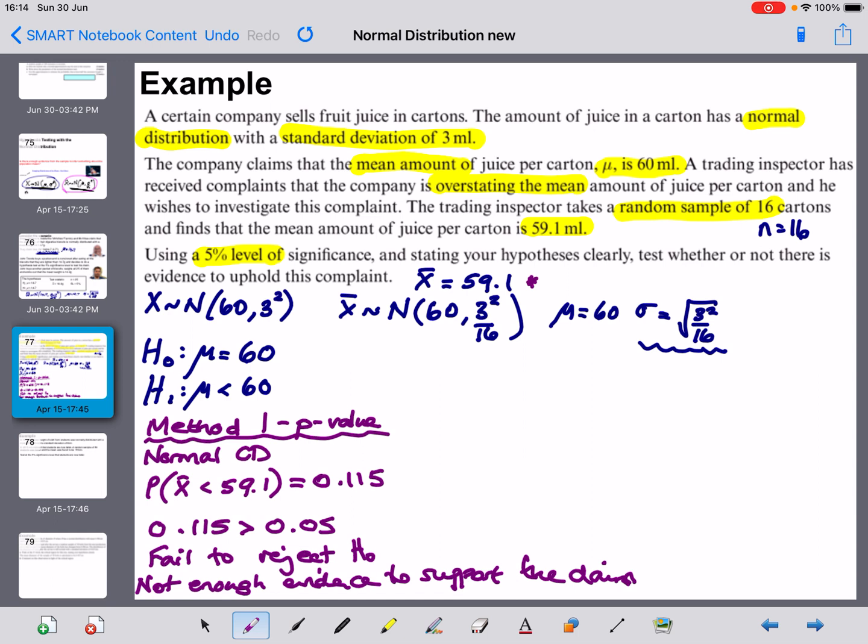So that 59.1 is not small enough according to the significance level of supporting that claim.